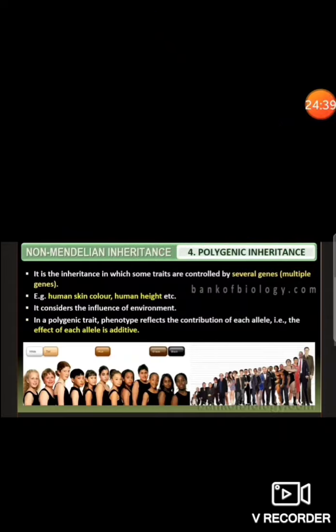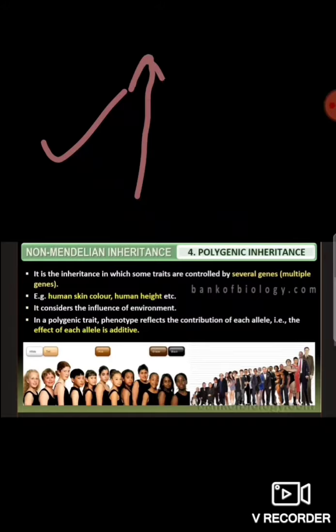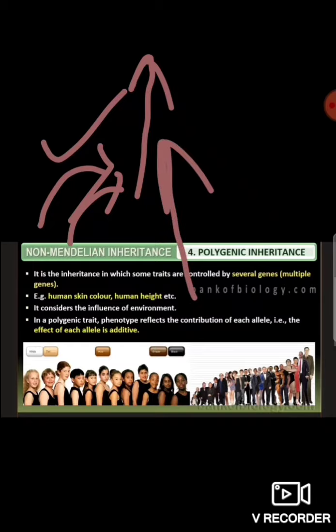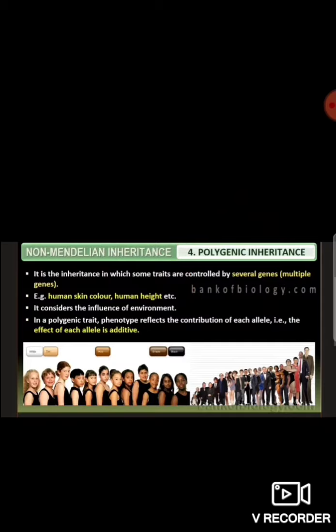Because the first person was doing a little extra exercise, cycling, extra good food, so that it increased his height. Whatever extra cycling and food, everything that he is including, it includes the environment. So the environment also plays an important role in polygenic inheritance.